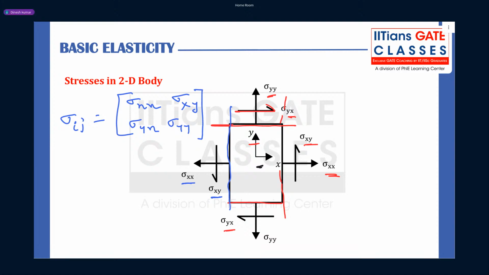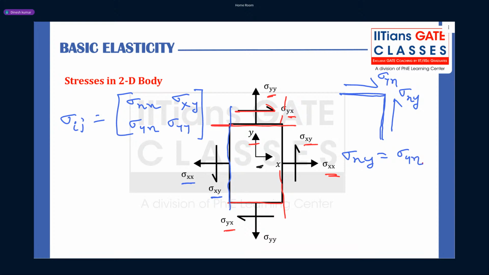See, from the complementary nature of shear stresses, what we know is that on two perpendicular planes, your shear stresses will be of the same magnitude. Your sigma yx will be equal to sigma xy. While deriving the equilibrium equations, we prove sigma xy is always equal to sigma yx.